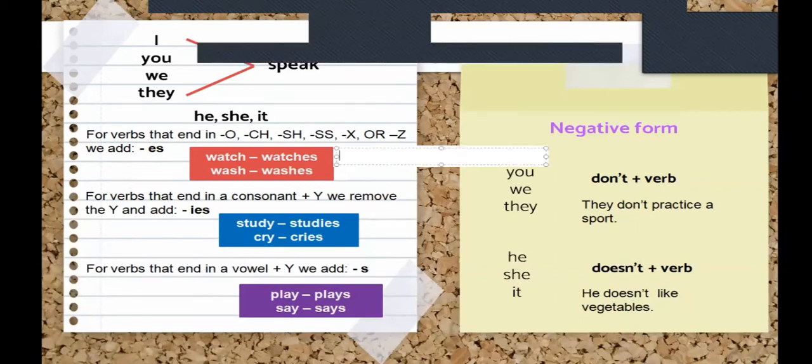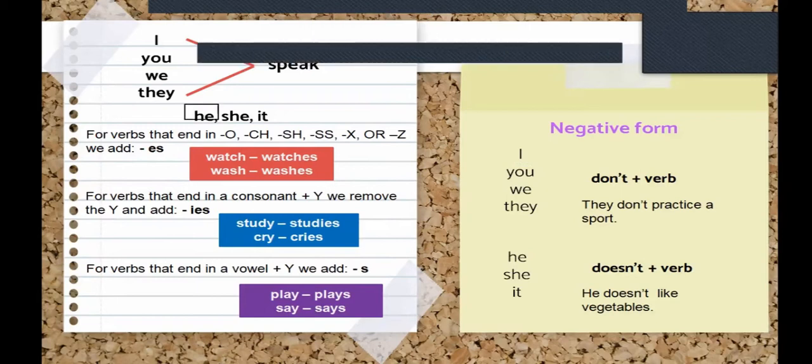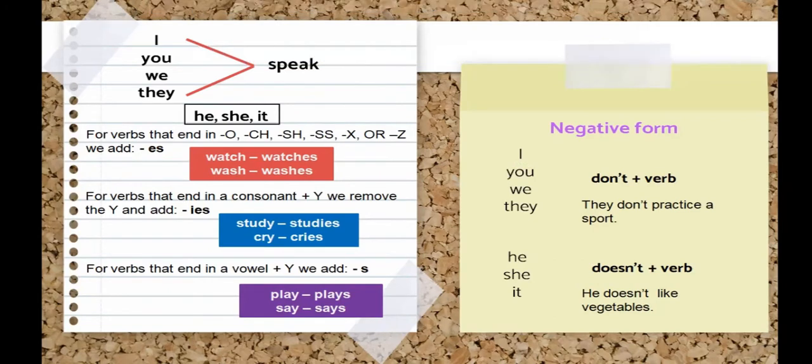For example, instead of speak, you say speaks. He speaks, she speaks, it speaks. Only with he, she, and it, you add a letter S. And according to the spelling of the letters, there are rules that you have to follow to add the letter S to the verb.